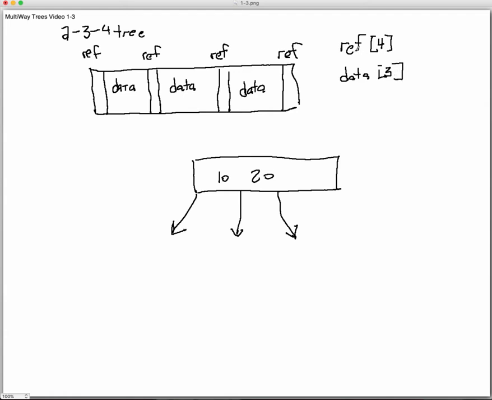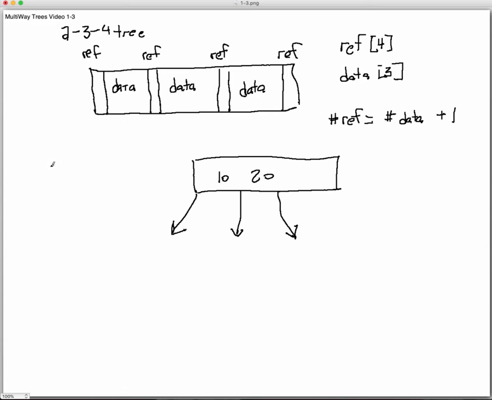Okay, and we always have the relationship that the number of references is equal to the number of data plus 1. Now, in this particular node over here, notice that there are 2 pieces of data. So what that means is that there are going to be 3 references.